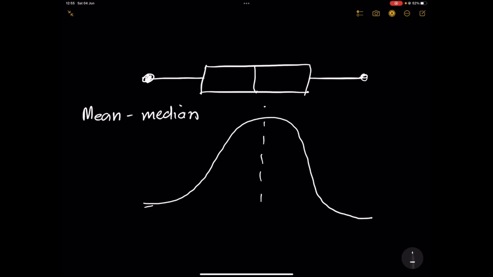When your mean minus your median gives you 0, then we can draw the conclusion that we've got data that is symmetrical. It means it is not skewed data. I'll tell you what the skewness actually tells us.